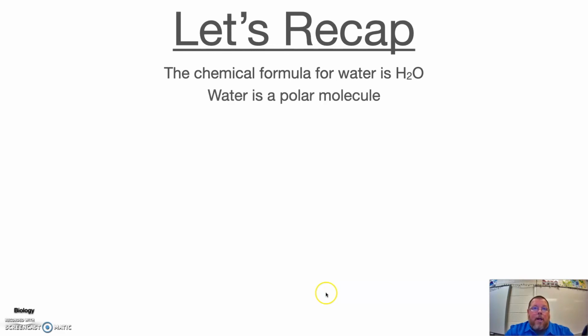Water is a polar molecule, so remember that water is polar because it's going to have an unequal sharing of electrons. You're going to have the oxygen, which has a negative charge because it has the electrons more often. It is a more electronegative atom, oxygen is. The hydrogens are going to be less electronegative. They're going to have a positive charge because they're not holding on to the electrons.